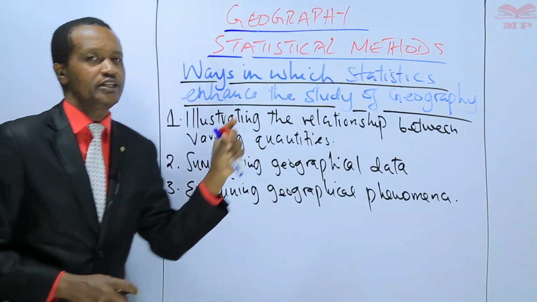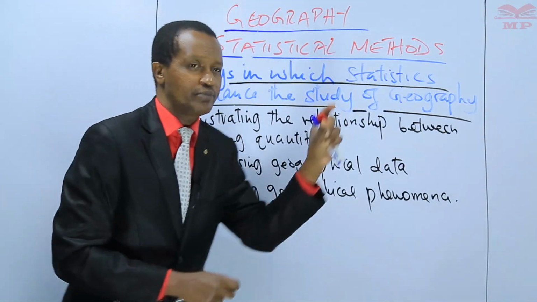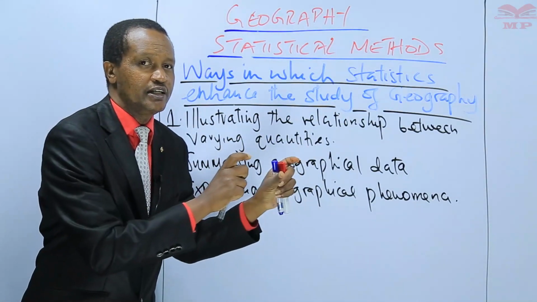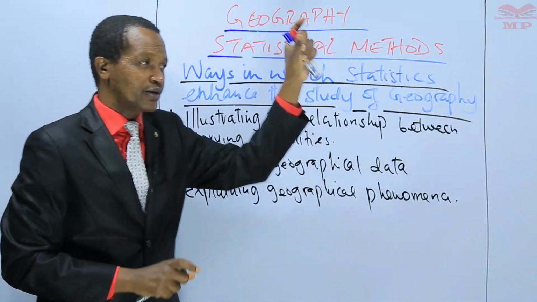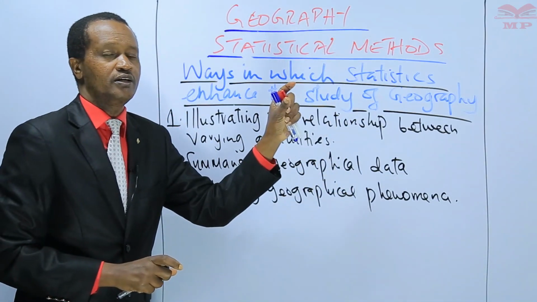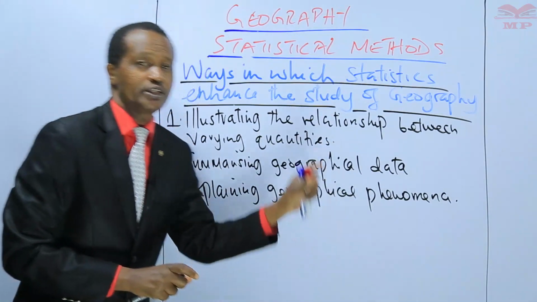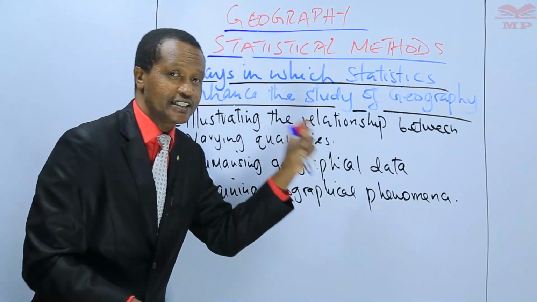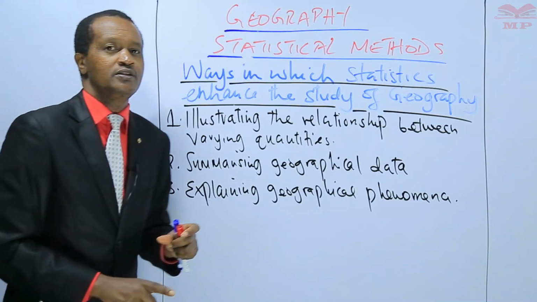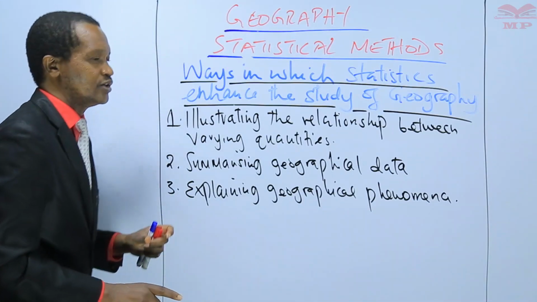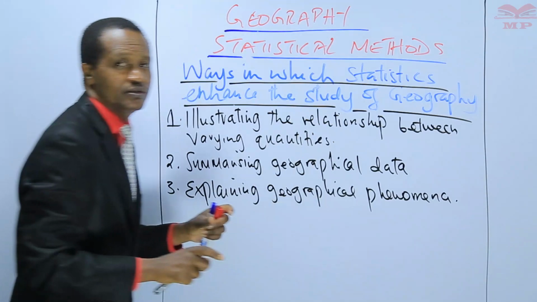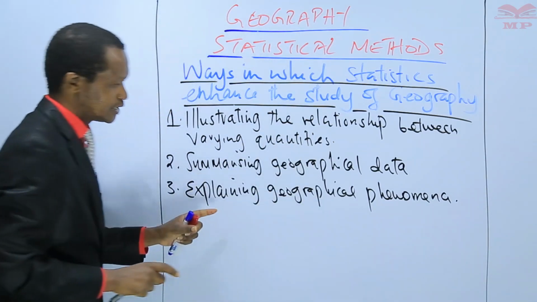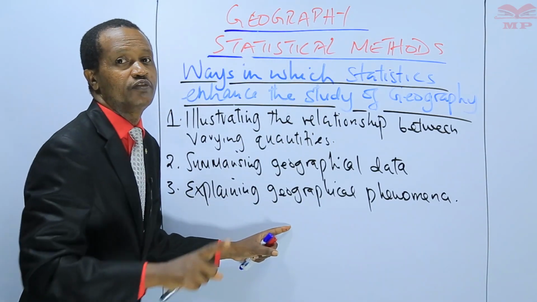You check the type of soil in that area by taking numbers, the numbers in terms of the temperature. You measure the temperature, the figures, numerical data, statistics. Okay? Then you check. That will help you explain such geographical phenomena.